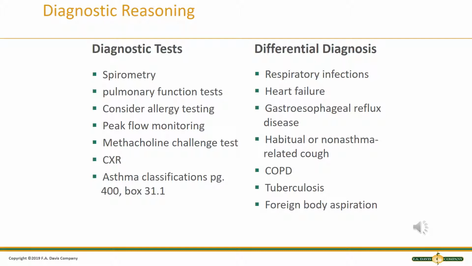Asthma classifications are listed in your text. I want to make sure that you read through those thoroughly. I'm not going to go over them, but you're going to need to know them in order to provide the proper treatment plan. One other thing I'd like to say about spirometry testing is the difference between your pre and post bronchodilator numbers.